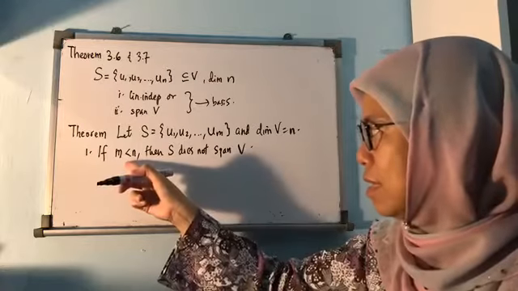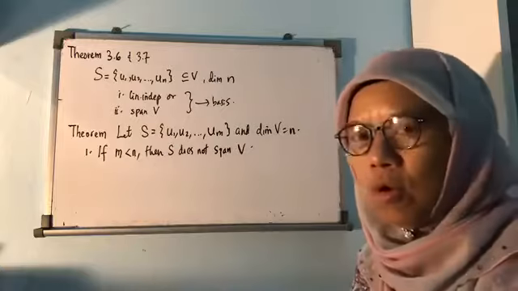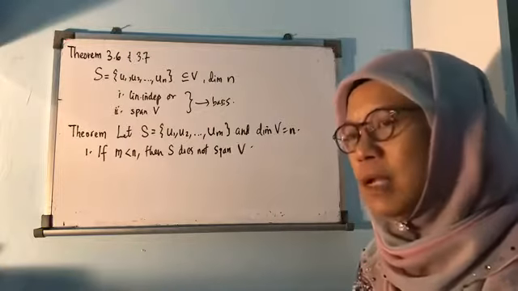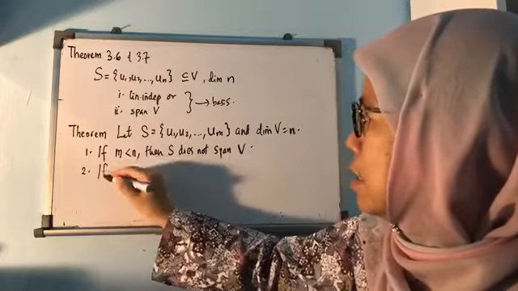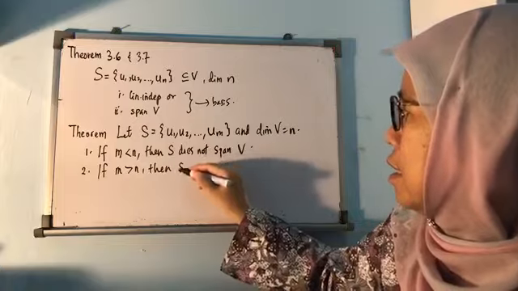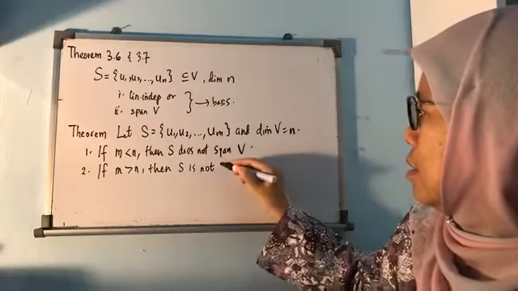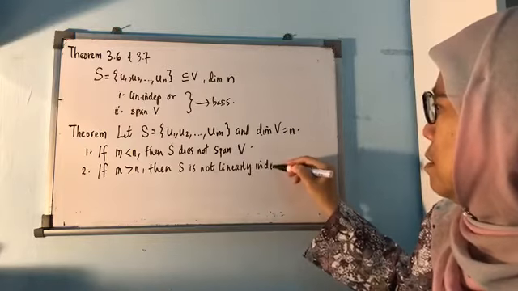If it's less, then it does not span. If it is more, it might span, it might not span. It depends. The second one, if m is bigger than n, then S is not linearly independent.